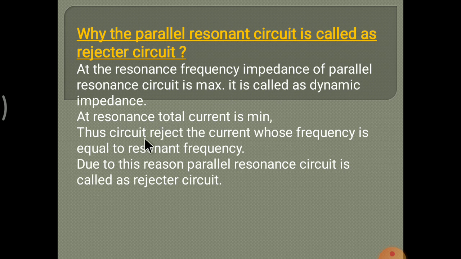That means in a parallel resonance circuit there is maximum impedance and minimum current. The circuit rejects the current whose frequency is equal to the resonant frequency. Due to this reason, the parallel resonance circuit is called a rejector circuit.